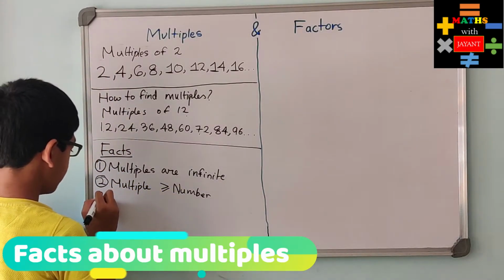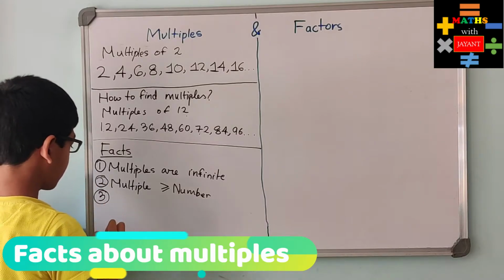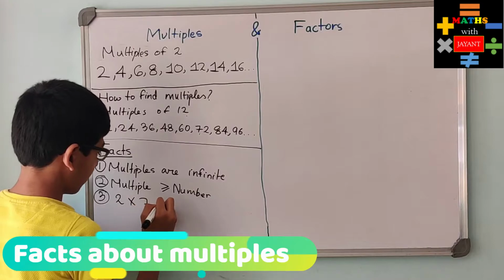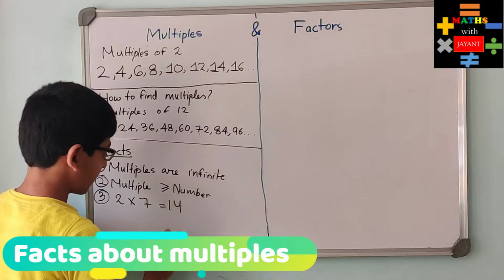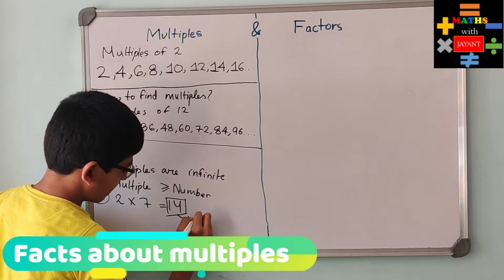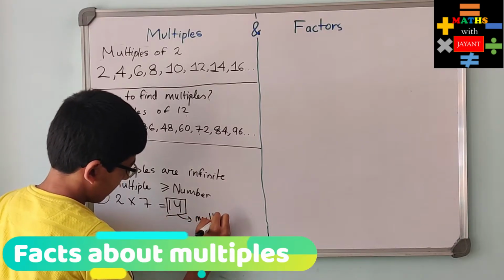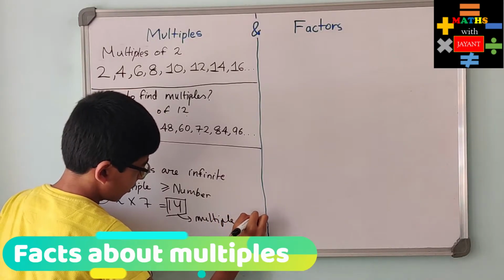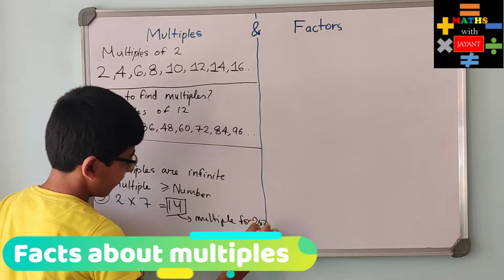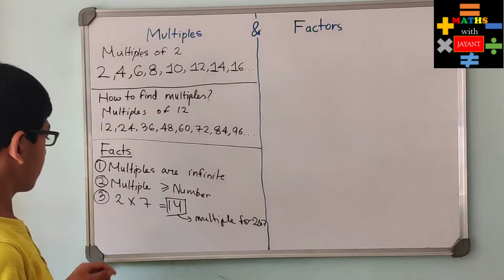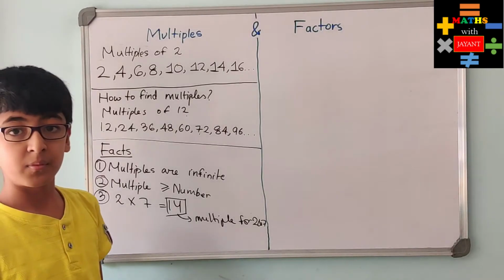Now the third thing. If we say 2 into 7 is 14, then 14 is going to be a multiple of both 2 and 7. So these are a few facts about multiples.